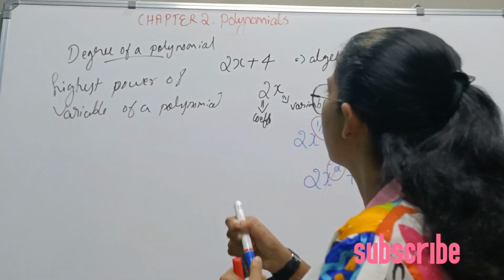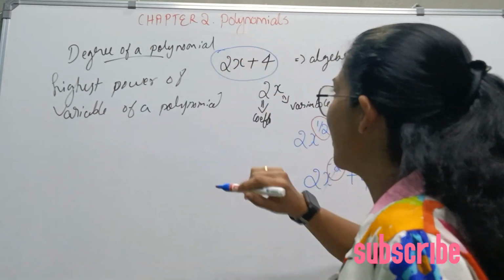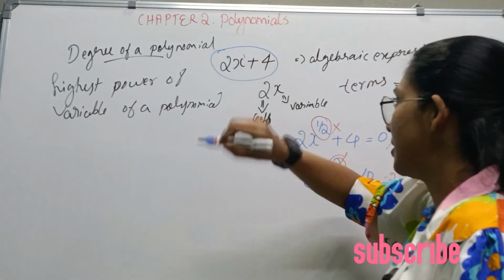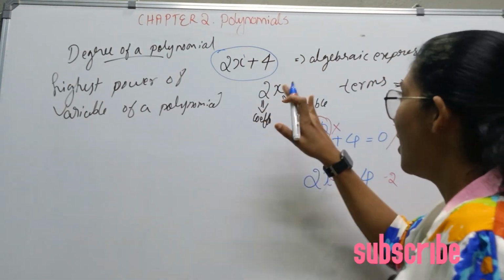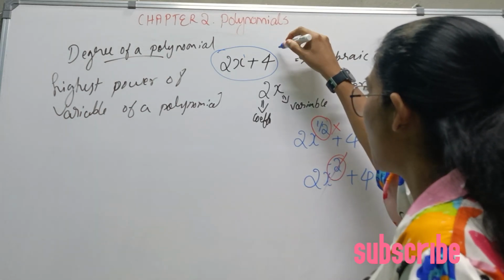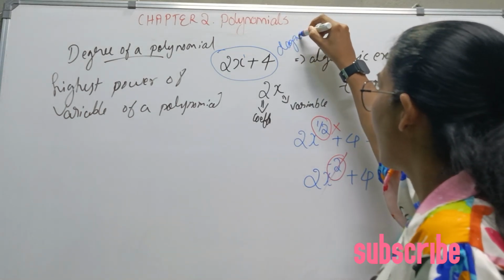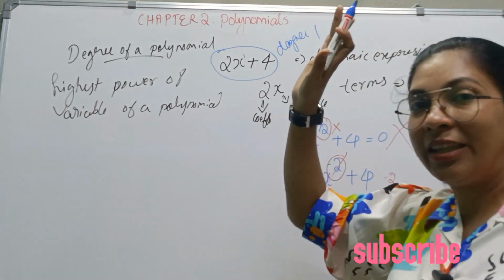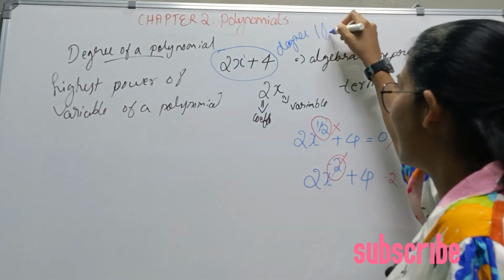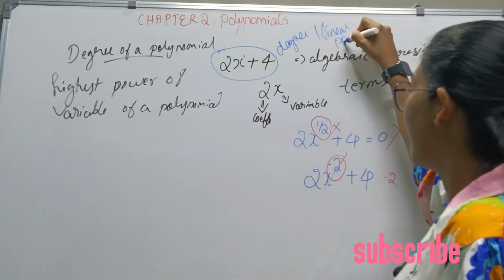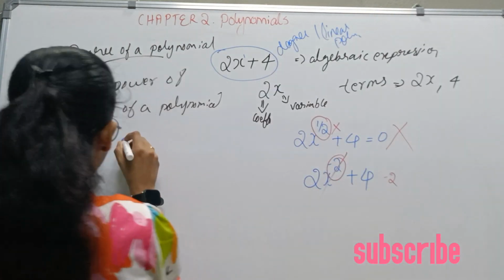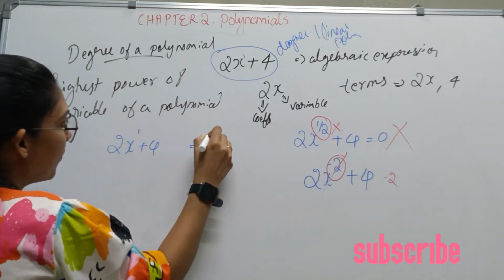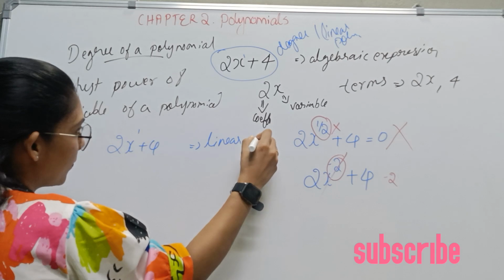For this case, 2x plus 4, which is the degree of the polynomial? See, the power of the variable in this case is clearly 1. So we can say that this is a polynomial with degree 1, and any polynomial with degree 1 is said to be a linear polynomial.